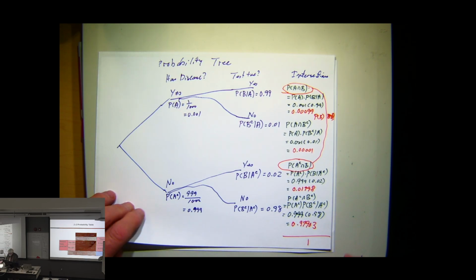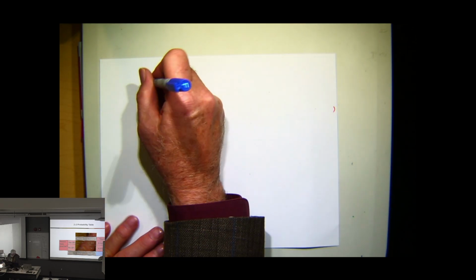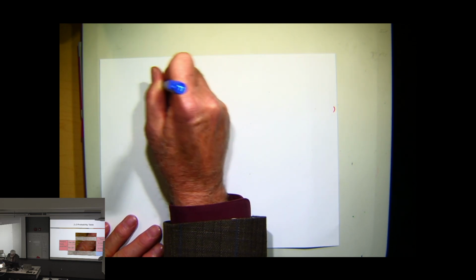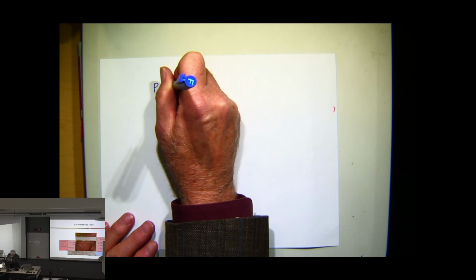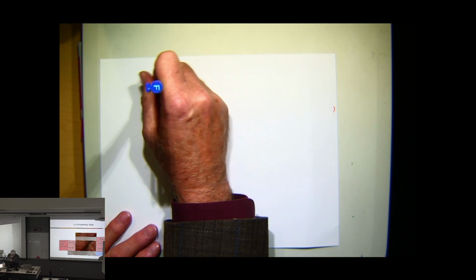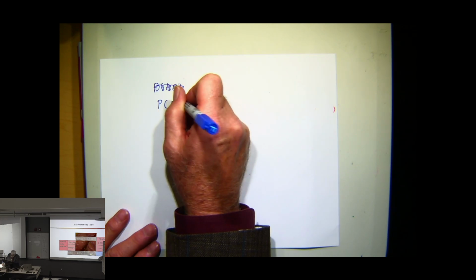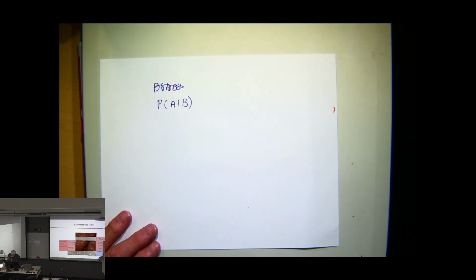Okay, so I'm just going to take this away for a moment. What did we say? Probability of A given B is what we want.